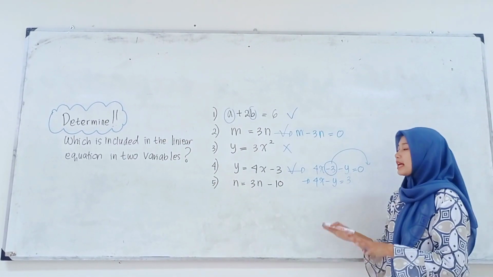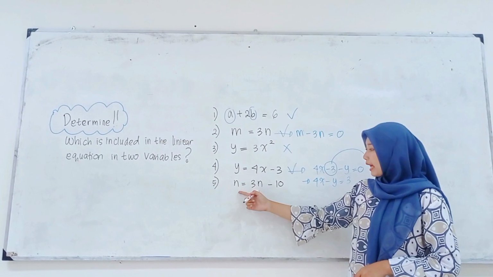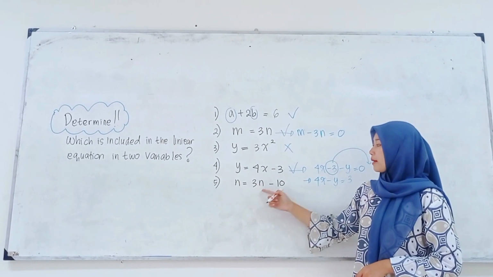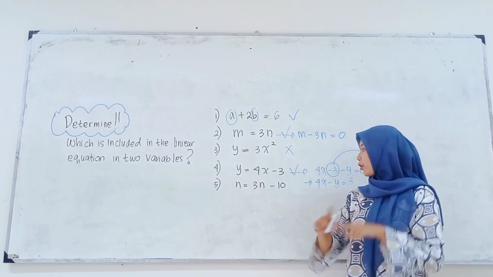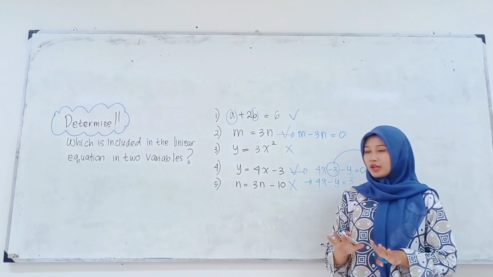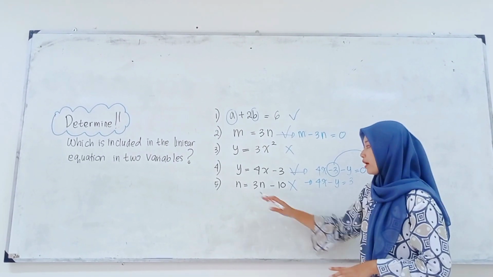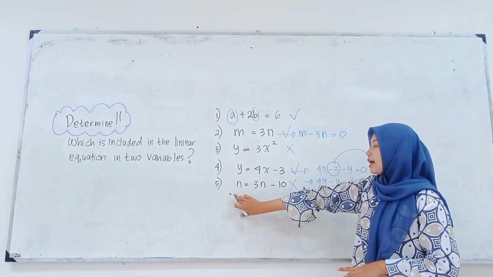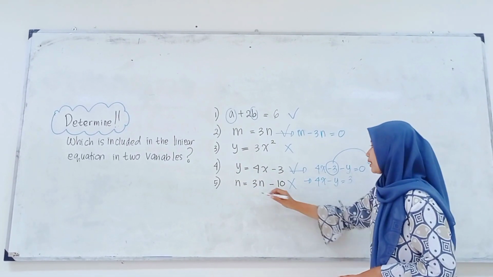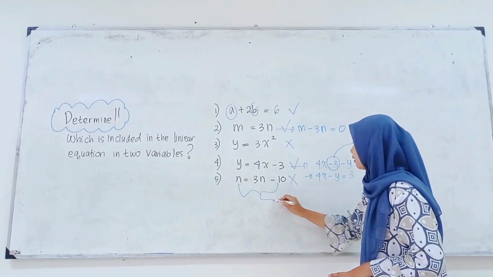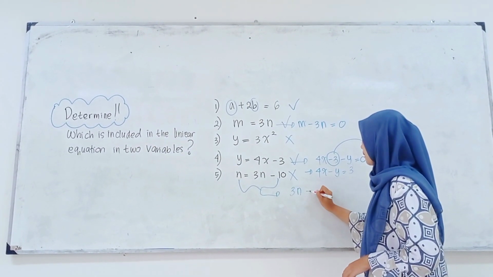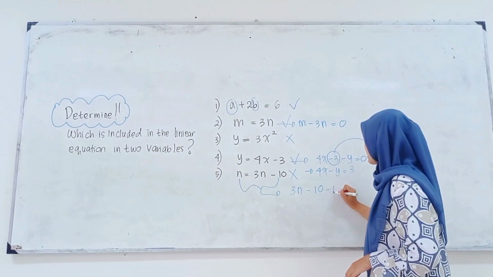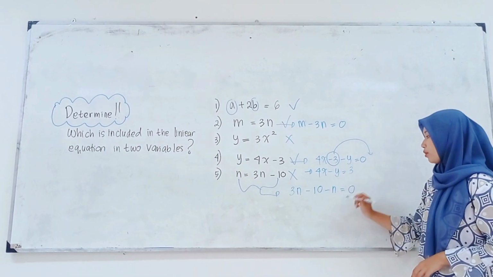And the last question is n equals 3n minus 10. Is this included or not, guys? No, because if we move n to the right, we get 3n minus 10 minus n equals 0.